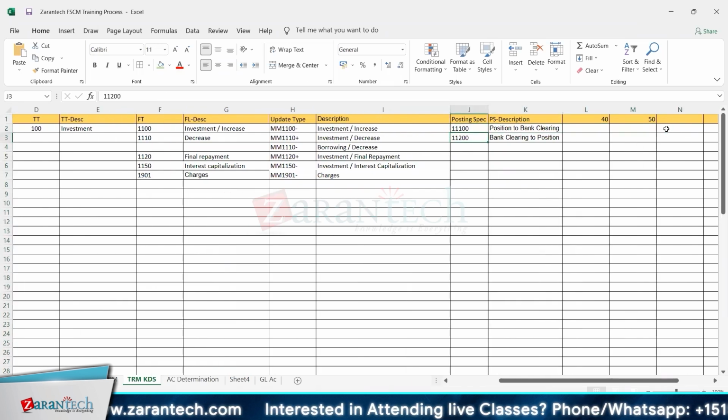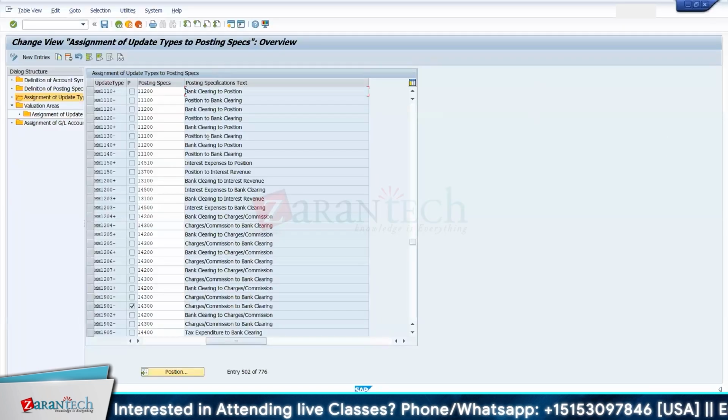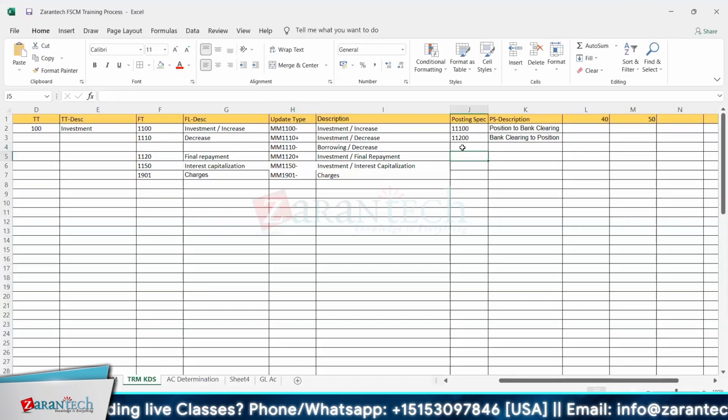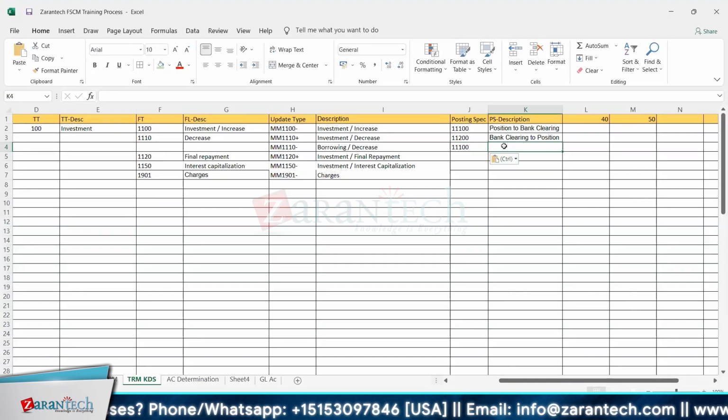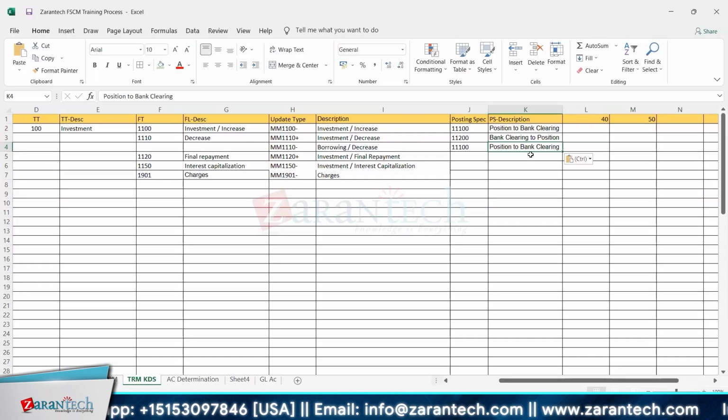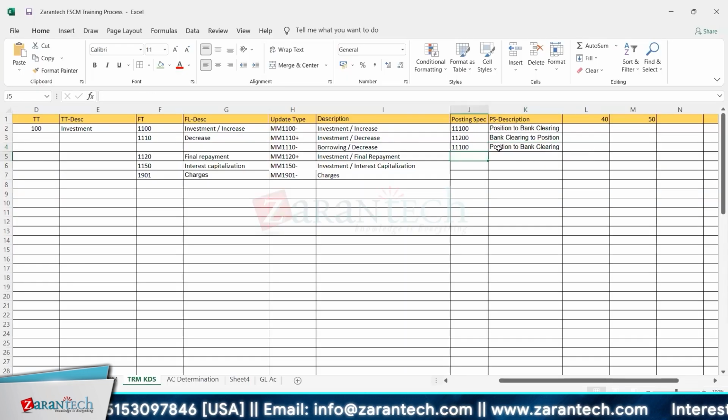Just see the inflow first, then you will understand. In this treasury training, if I explain it theoretically, you will understand the concept very well.